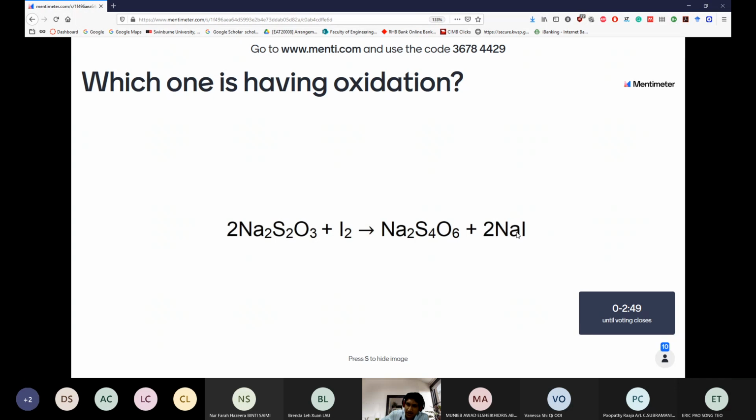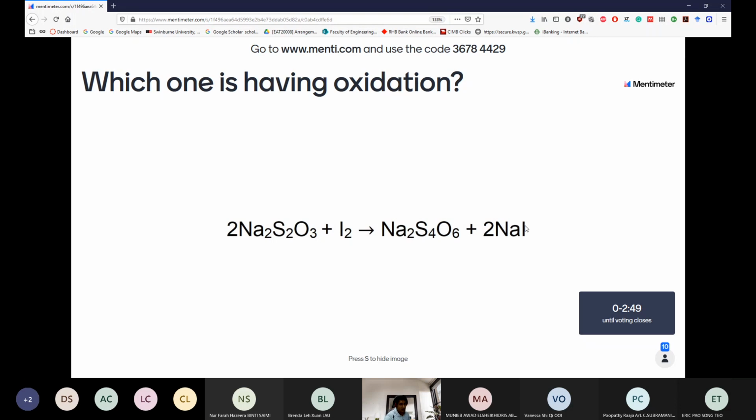But when sodium and iodine come together, that means sodium becomes positive. Sodium is always positive 1, and iodine should be negative 1 that time. So from 0 to negative 1, right?